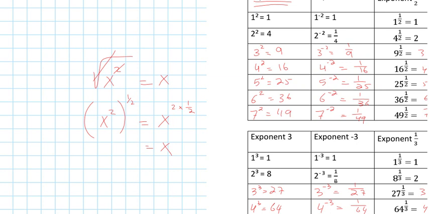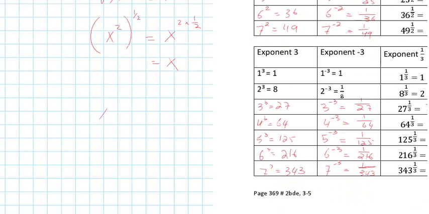Same with cube and cube root, right? If I want to get rid of a cube, what do I do? What's the opposite operation of cube? Cube root, right? They cancel each other to give me x. Why is that? Because it's the same thing as if I raise it to the power of 1/3, right?